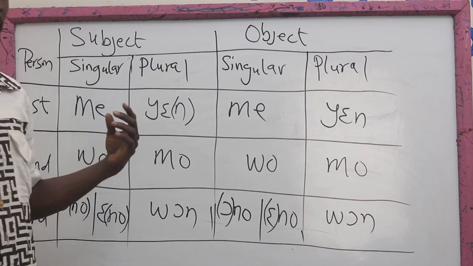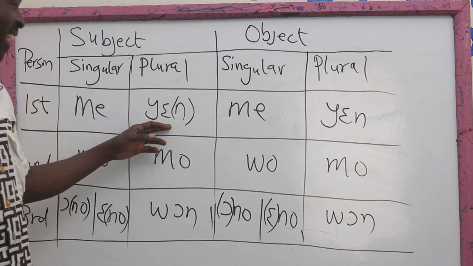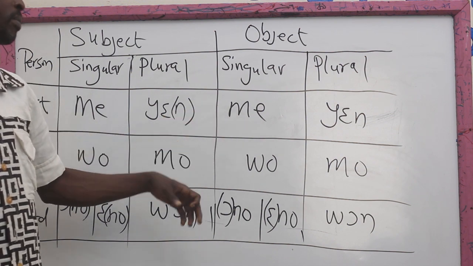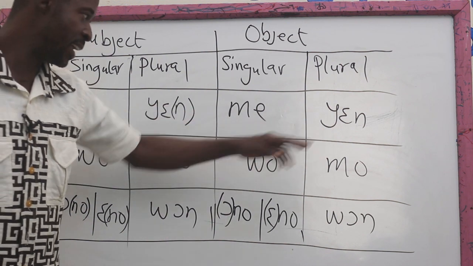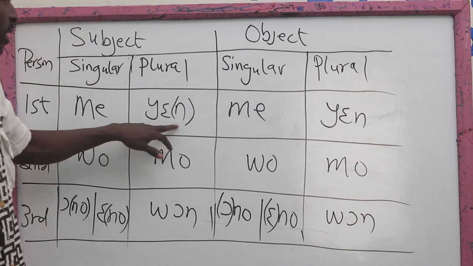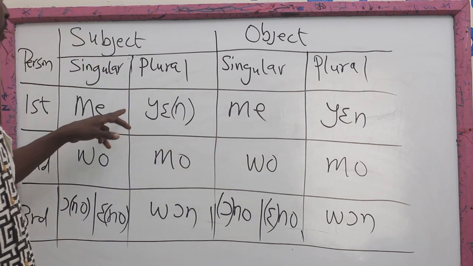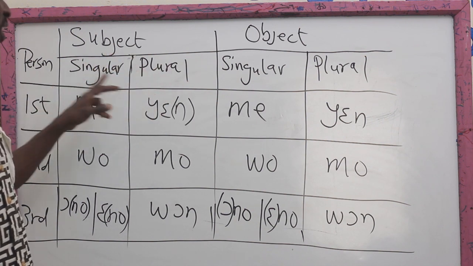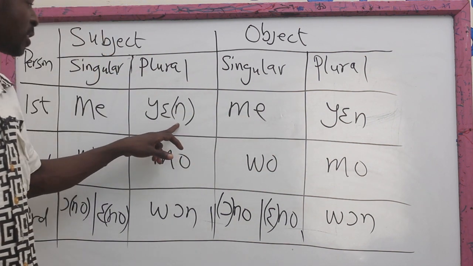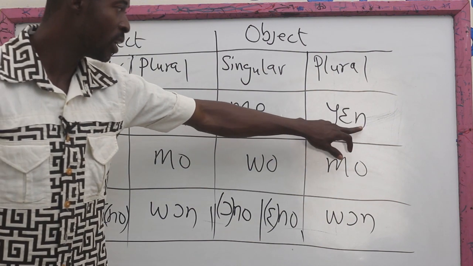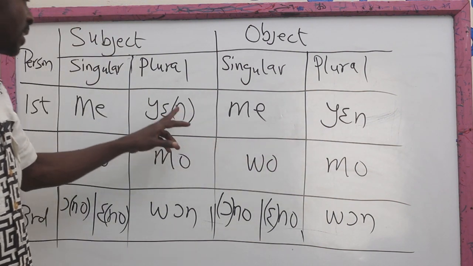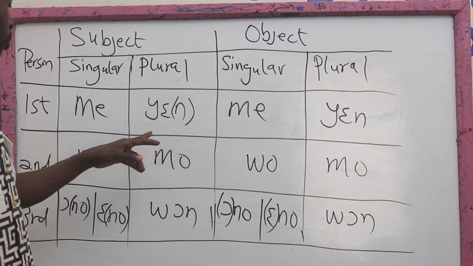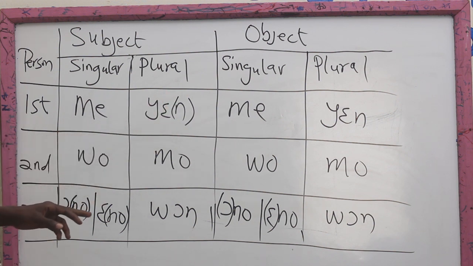And if I have any other person with me, or if we are many, it's yen. But for the object, it's the same, me, and the plural is yen. Note the difference between the subject first person plural and the object first person plural. The n is placed in parentheses. This one, it's almost left like that, and I said this is usually deleted. I'll explain more about that when we come to word examples or sentence examples.